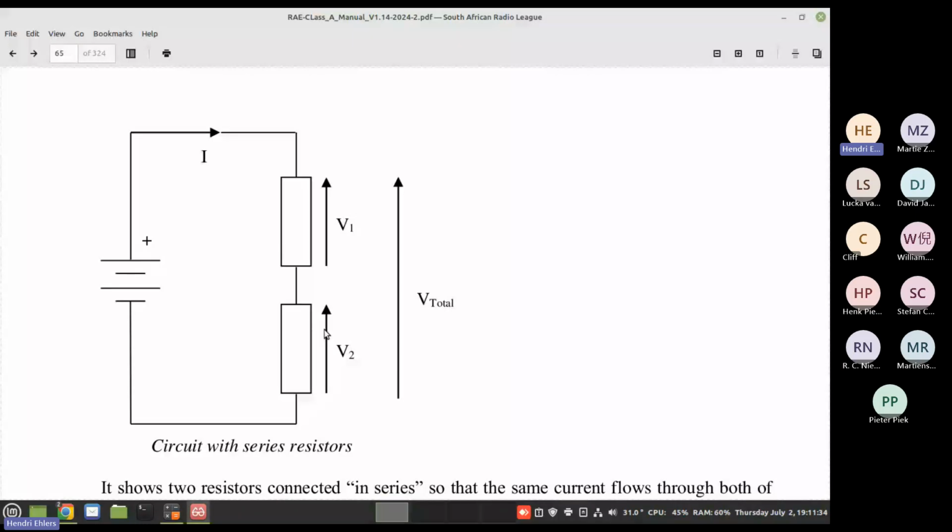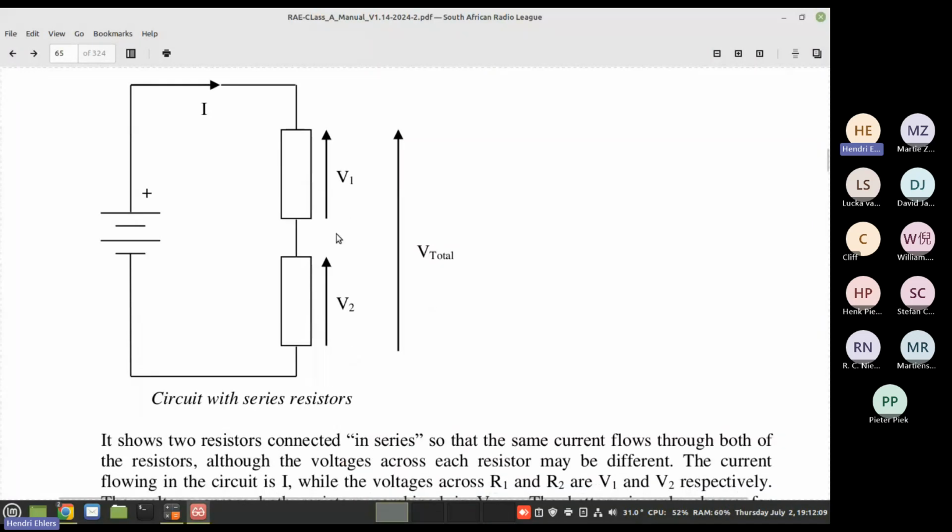When you get to capacitors, you know that for capacitors and resistors, the calculation is exactly the opposite. So for series capacitors, you'll use the parallel resistor calculation and vice versa, but we'll get there. I'm just mentioning that as an easy way to remember: resistors are like this and capacitors are the opposite.